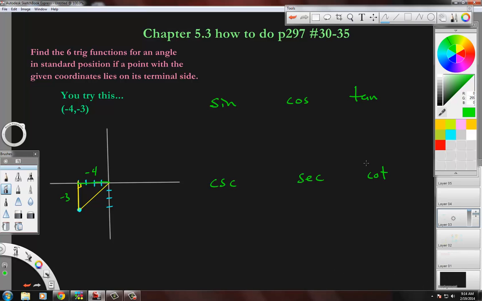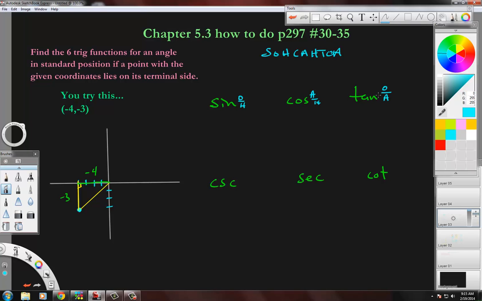All right, now let's say you're doing this problem, and you're still a little bit shaky on SOHCAHTOA. Come over here and write SOHCAHTOA, just like that.